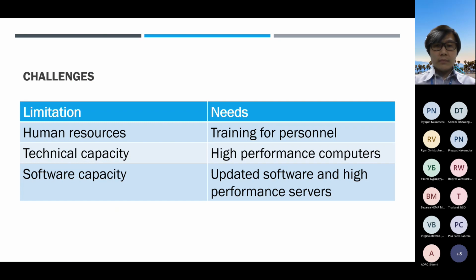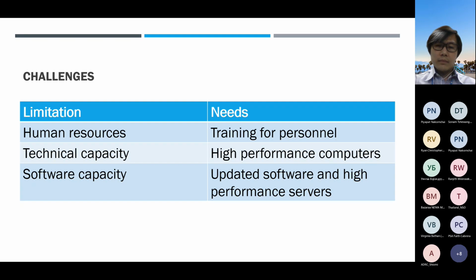Here are the main challenges we are currently facing. Since the database is newly developed in Mongolia, we have limited human resources to maintain and enhance this database in the future. Maybe the best option is training those who are responsible for the database maintenance, I mean our personnel officers.